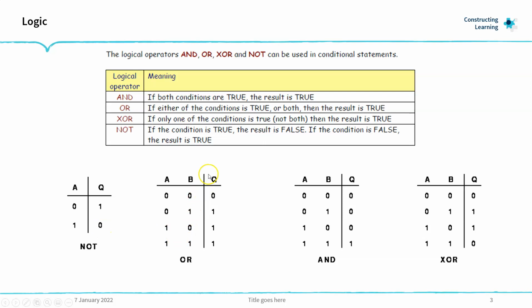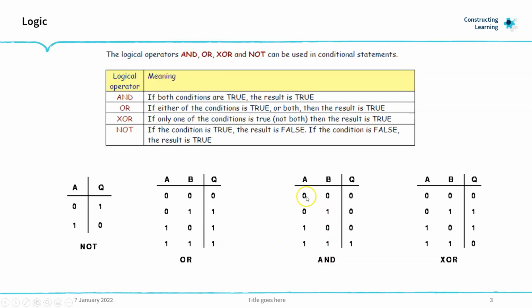Let's have a look at OR. We have 2 inputs. If both of the inputs are false, then the output is false. But if at least one of the inputs is true, then the output is true.